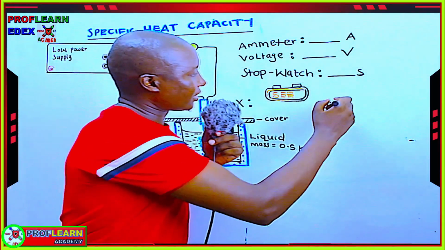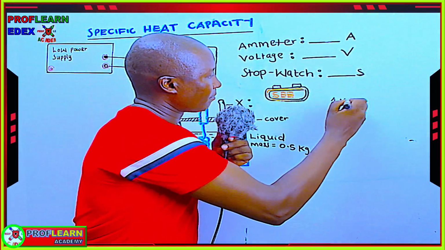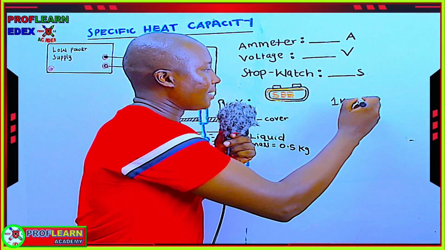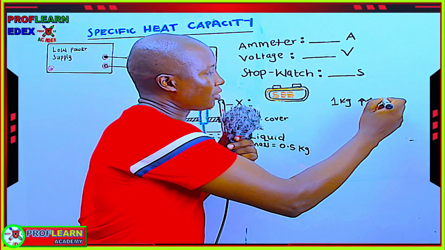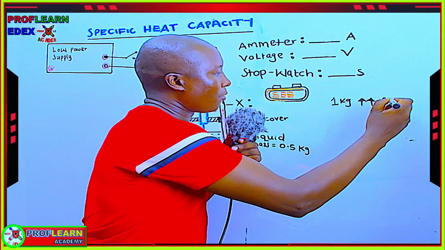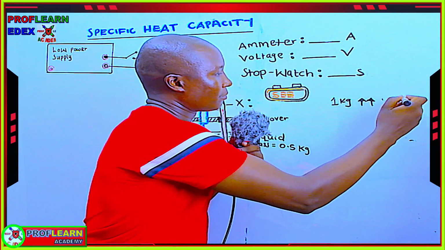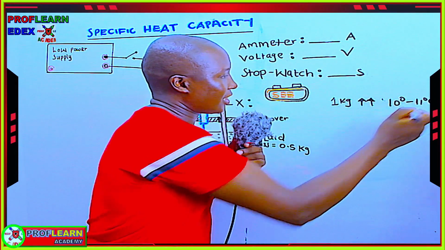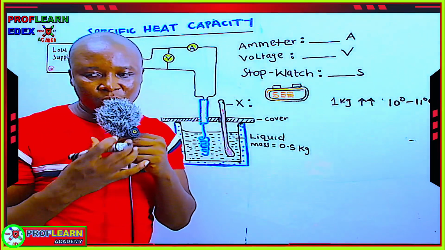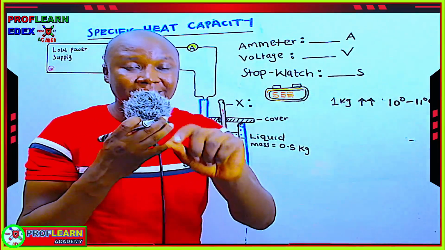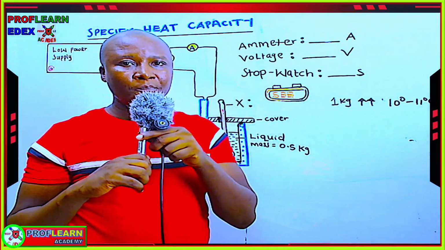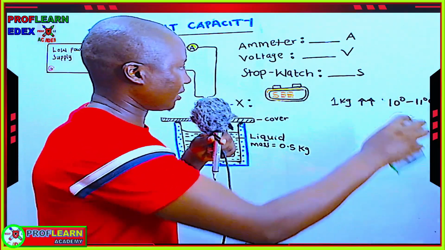So for instance, if you have 1 kg of a substance, the amount of heat you need to supply for the temperature to change from 10 degrees Celsius to 11 degrees Celsius, that amount of energy, is what we call the specific heat capacity.